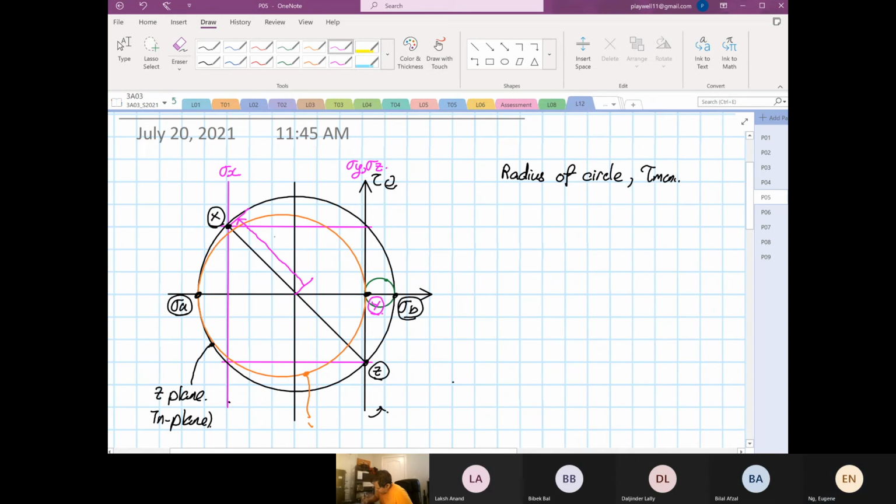We know that the distance from here to here is our stress average, and the same from here to here is our stress average, and this height over here is our shear xz. So from here we can find our tau max.